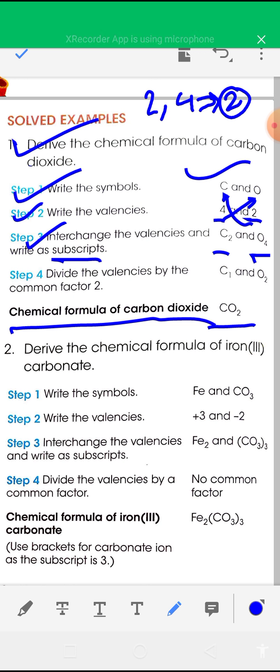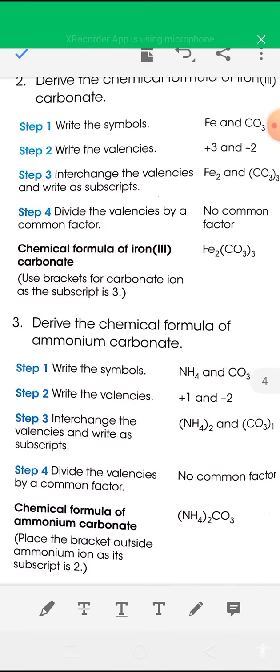Dividing 2 by 2 gives C1, and dividing 4 by 2 gives 2. So the chemical formula of carbon dioxide is C1O2, that is CO2. 1 is not required to be written.